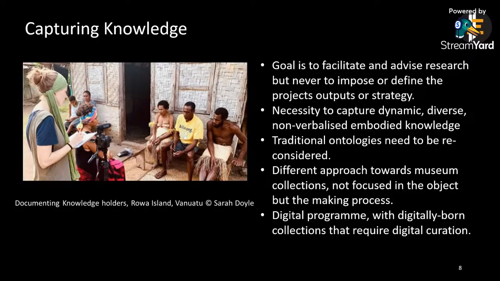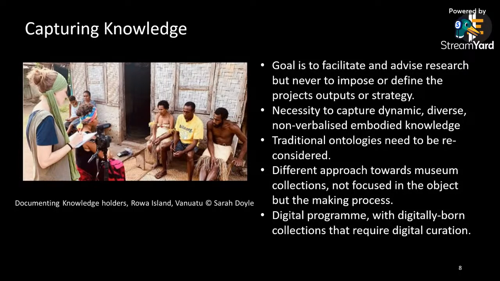And so in this sense, because we are capturing knowledge, and this knowledge changes and evolves, one of the things we have had to do from the beginning is to challenge traditional ontologies and reconsider them. In doing so, we had the flexibility to think differently about data and metadata and how to capture this information.